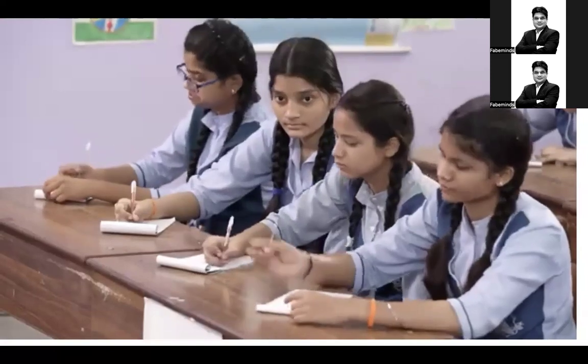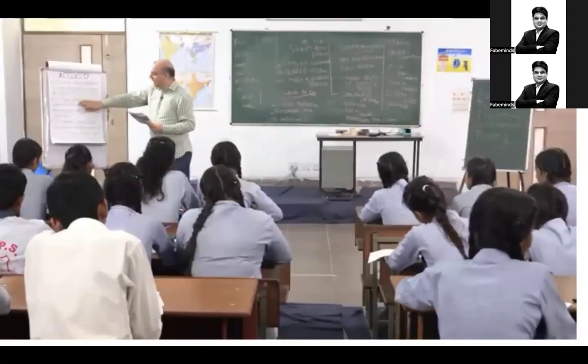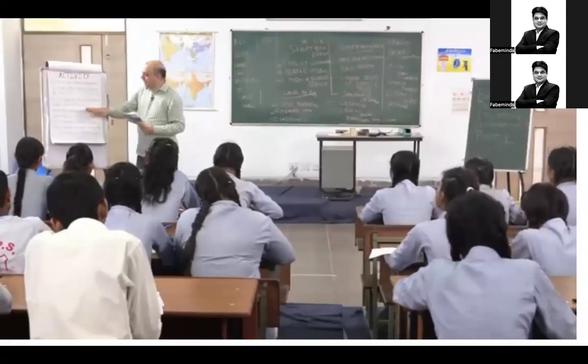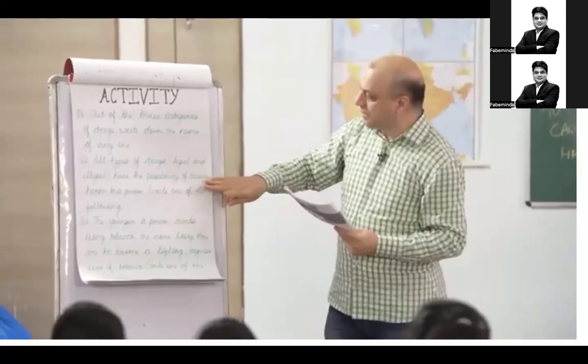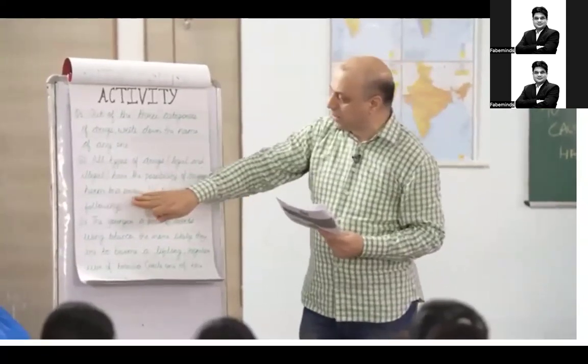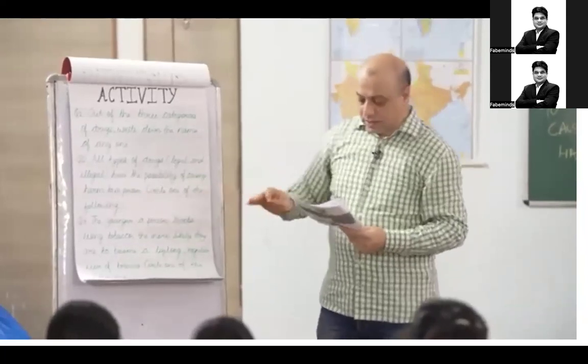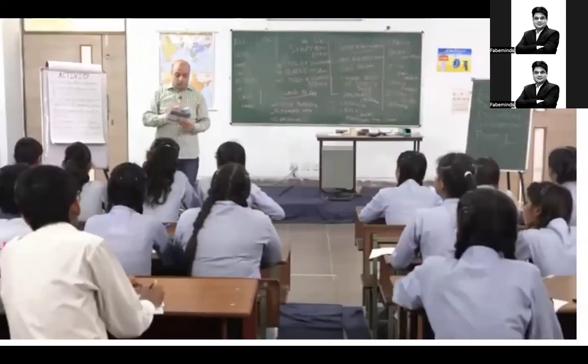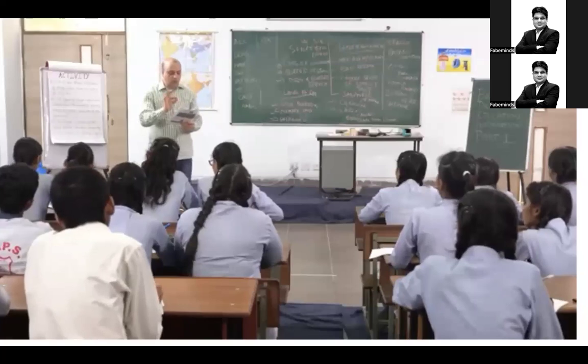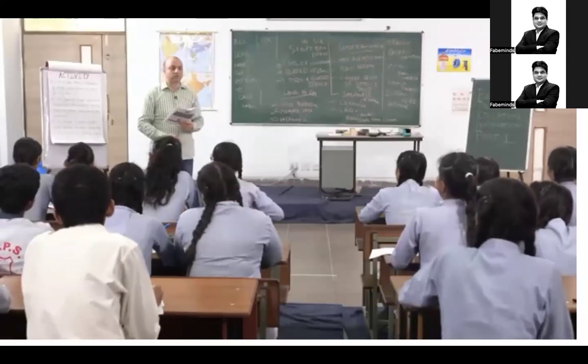Question 2. All types of drugs, legal and illegal, have the possibility of causing harm to a person. You can say, is it true or false, or you do not know. Done? Okay, question 3.